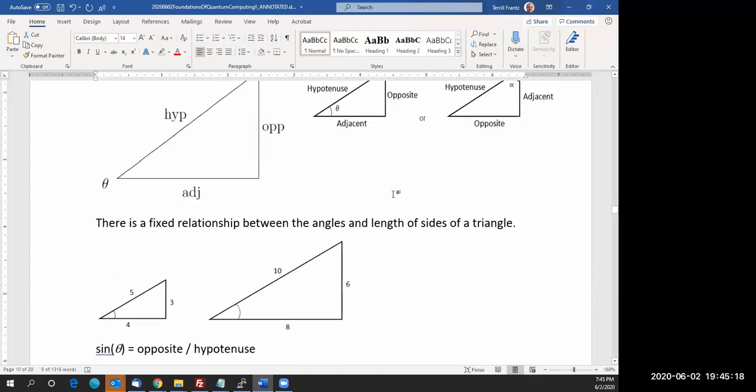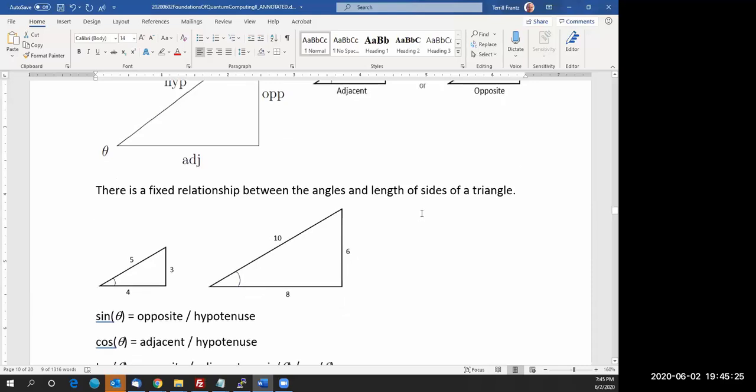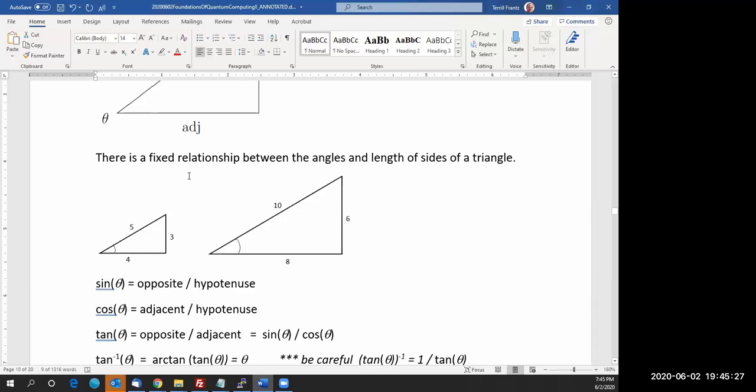So trigonometry, I remember learning this, I guess it was in 8th grade, is really cool because there's a relationship between the angles and the lengths of the sides of the triangles, no matter what size of triangle you're working with.